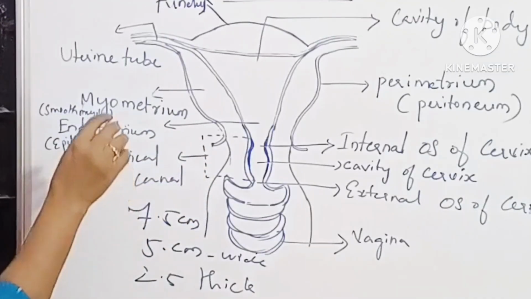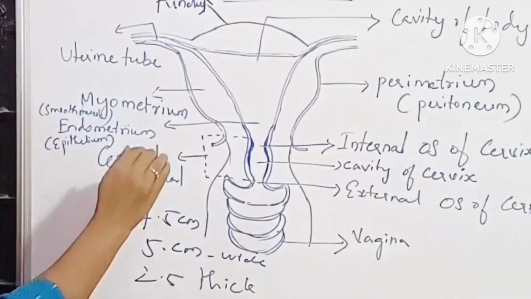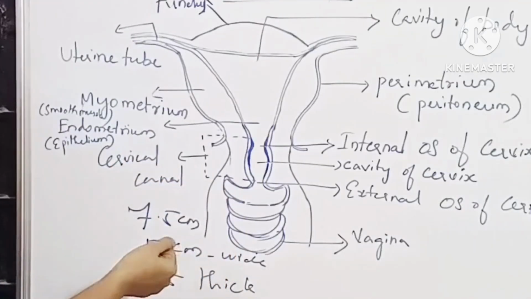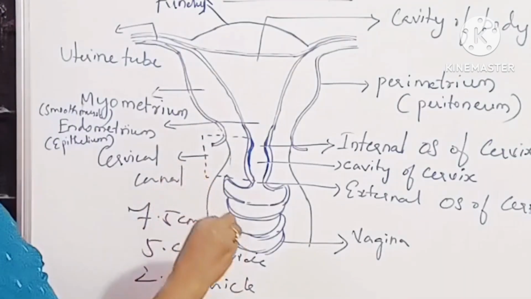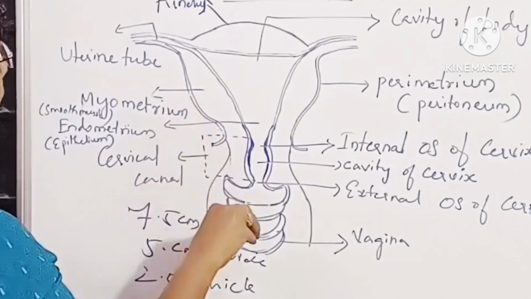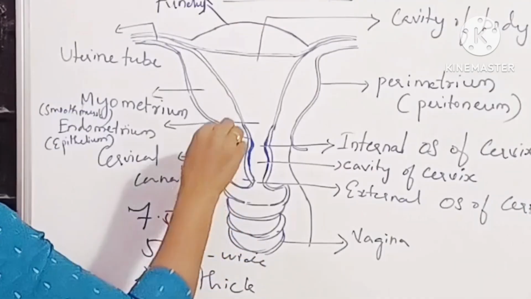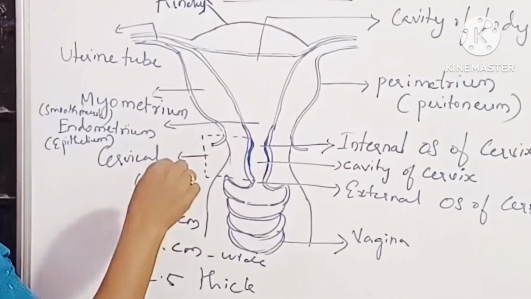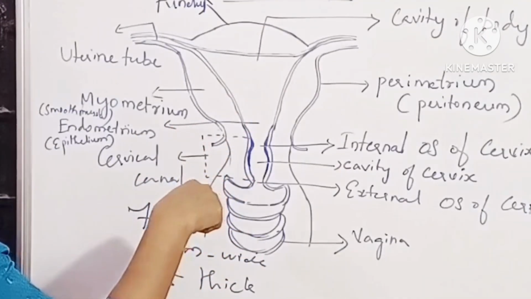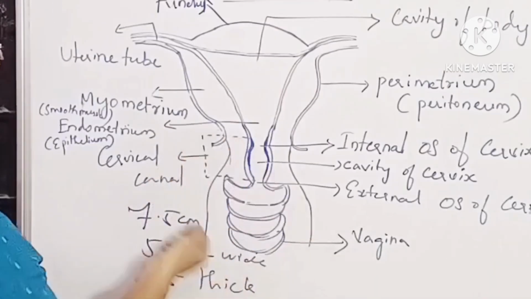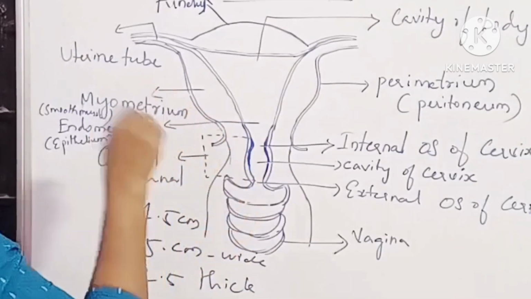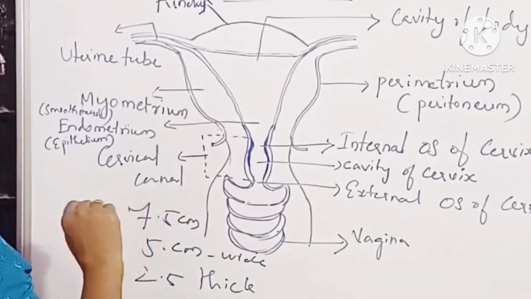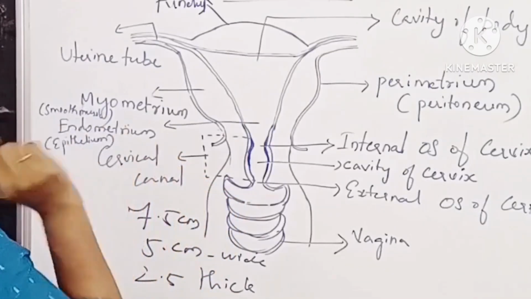If the ovum is not fertilized and does not implant, the layer sheds down during menstruation. During menstruation, the functional layer sheds if the ovum is not fertilized. But the basal layer is not shed during menstruation.